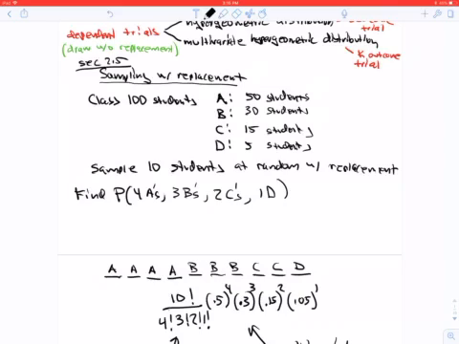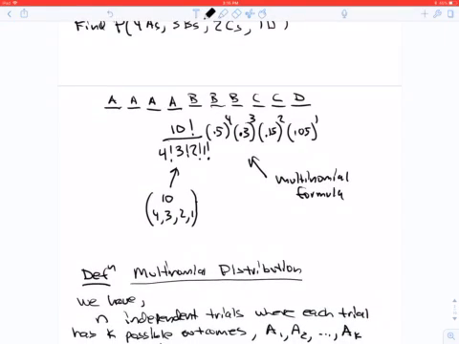So let's start section 2.5, sampling with replacement. We have a class of 100 students, 50 A's, 30 B's, 15 C's, 5 D's. We sample 10 students and want to know the probability of our sample having 4 A's, 3 B's, 2 C's, and a D. So the strategy is let's write out our students in order.